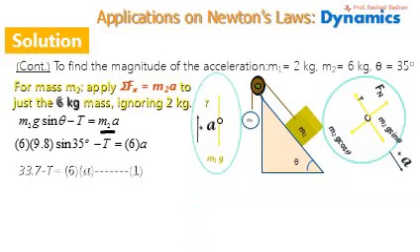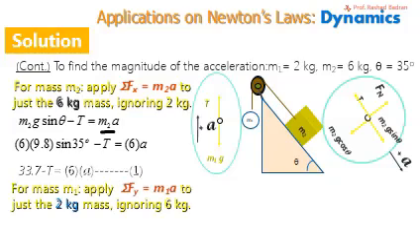The second equation can be obtained from mass 1. This is the free body diagram for mass 1, and the resultant of the force along mass M1 is upward in this case, as long as mass 2 is going down with the positive acceleration.